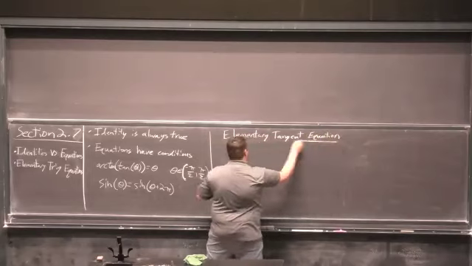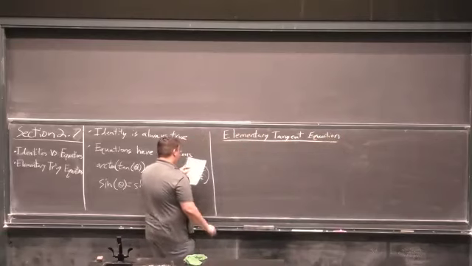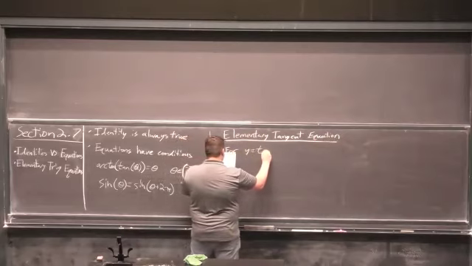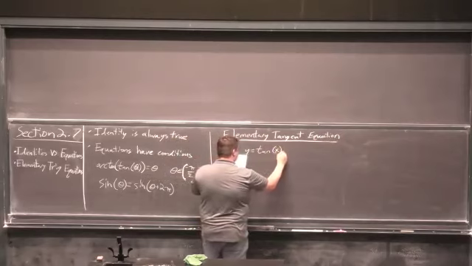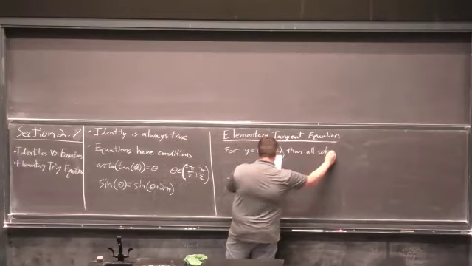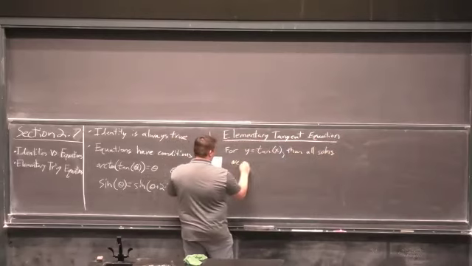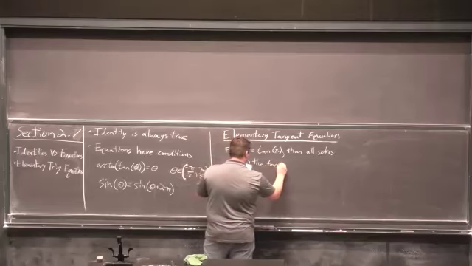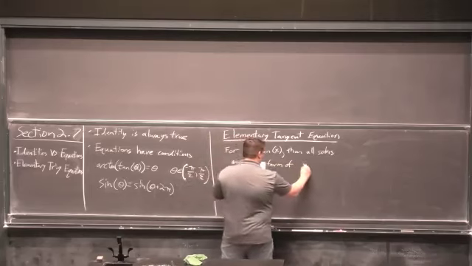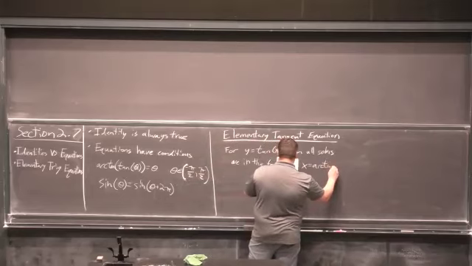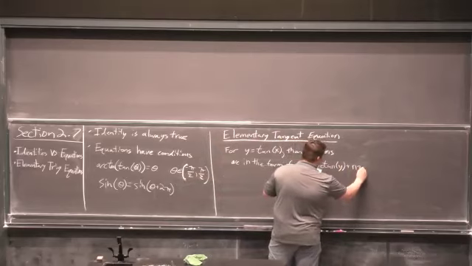So for the elementary tangent equation, for y equals tangent of x, all solutions are in the form of x equals arctangent of y plus n pi.